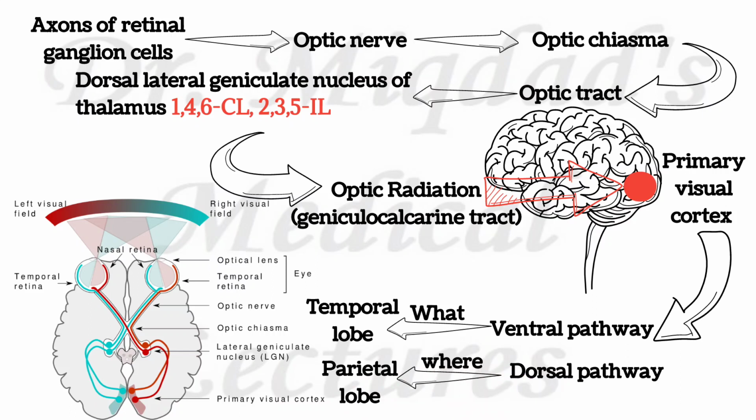This information is critical for guiding movements. I will discuss these two pathways in detail some other time in my upcoming videos on organization of the visual cortex and visual association areas.